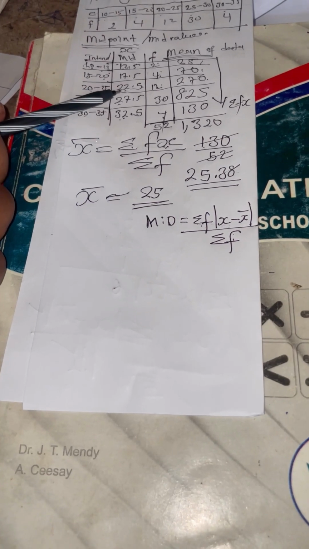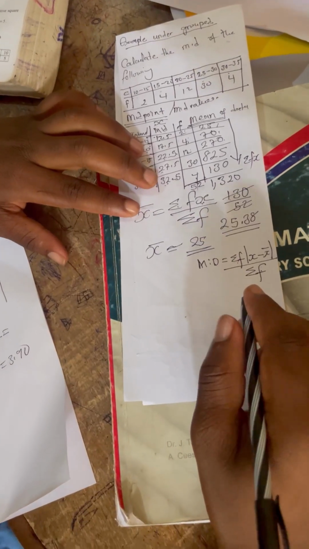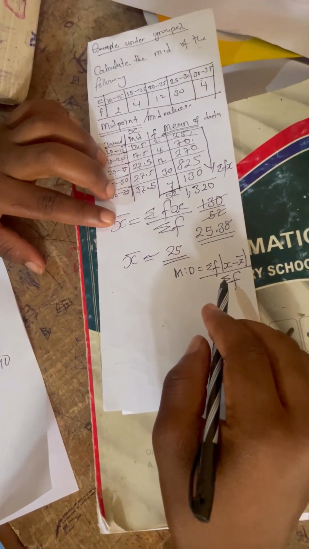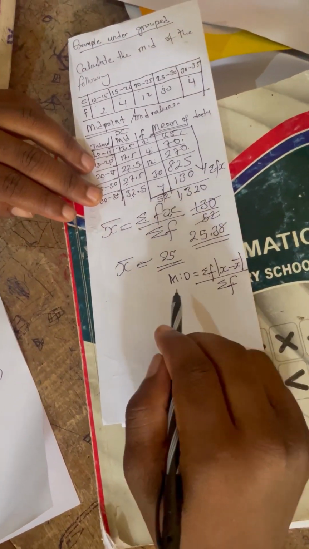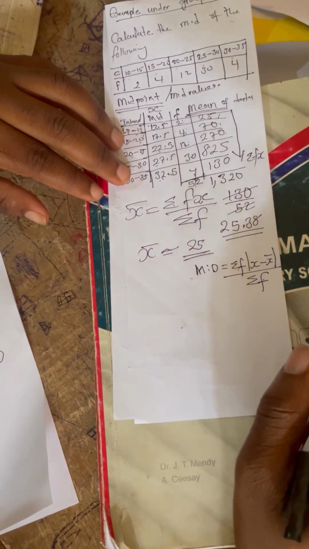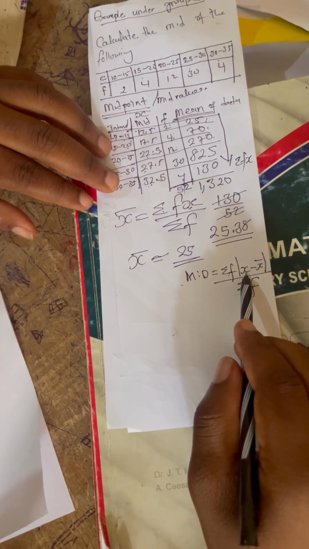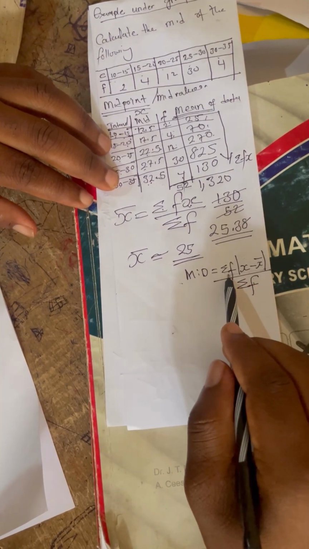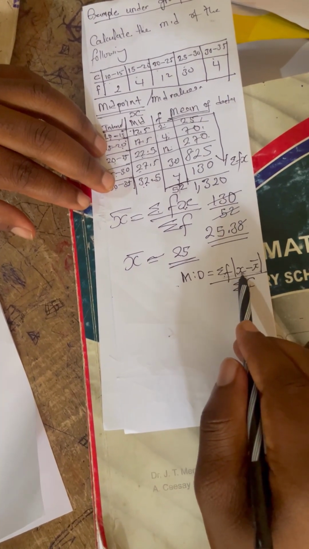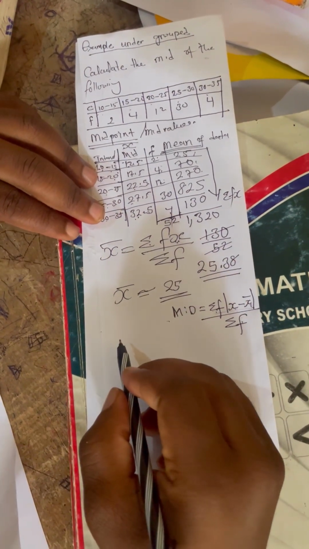Okay, we continue from that. We are going to find the mean deviation. We have found the mean already. Now we need the frequency multiplied by the absolute value of x minus x bar, meaning x minus the mean.